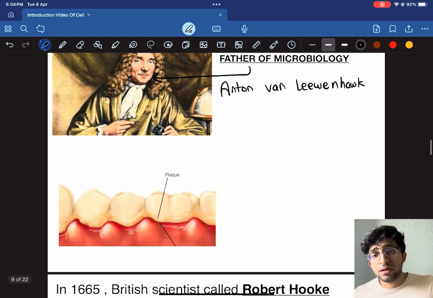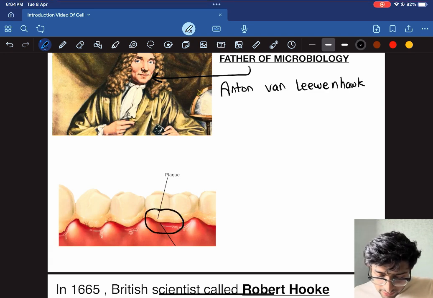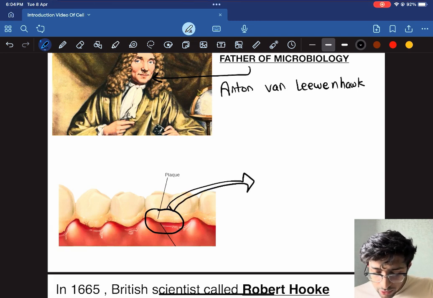After some time, he discovered that on the plaques found on the teeth near the gums, he scraped that plaque and put it in the microscope, and you know what he found?